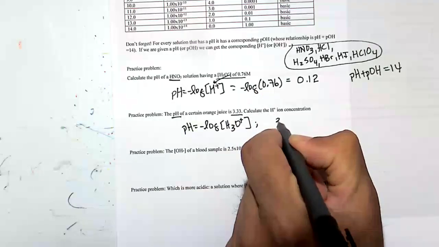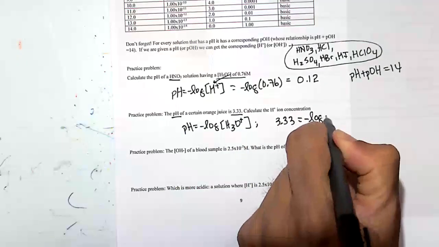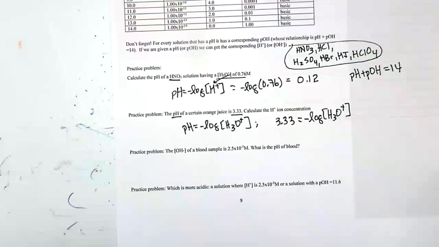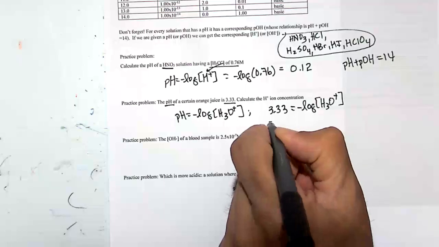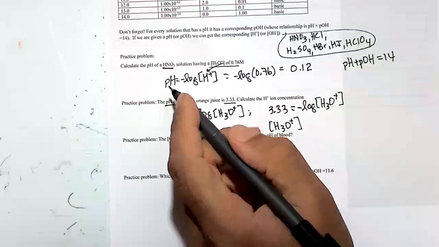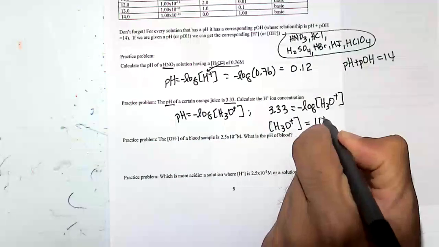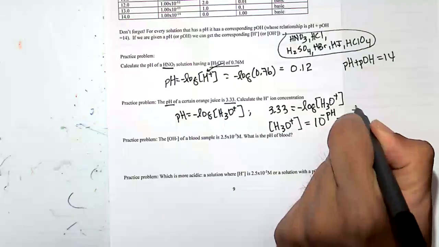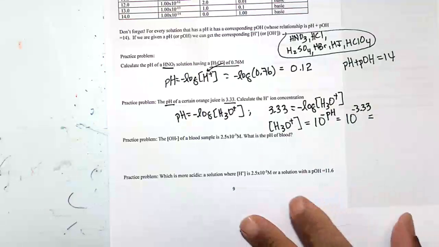So what we have here is our pH is 3.33, which equals minus the log of the hydrogen ion concentration. To get the hydrogen ion concentration, you're going to back calculate, and that's the anti-log. The anti-log is 10 to the power of minus pH. And this is going to be 10 to the power of minus 3.33.